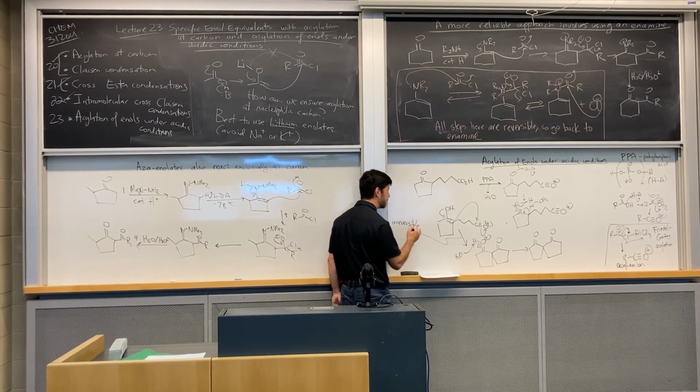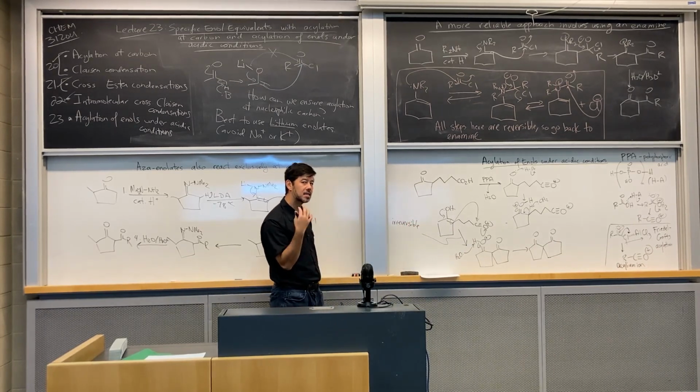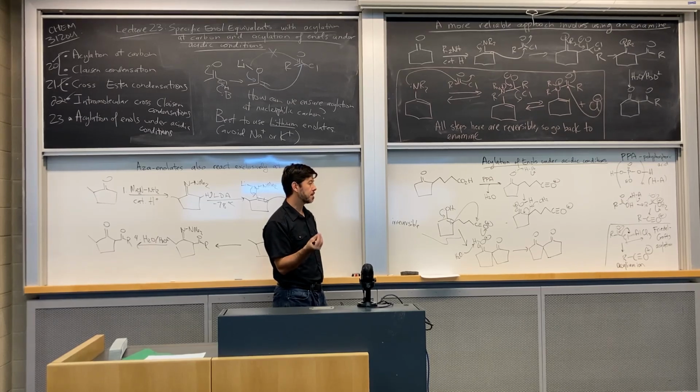Well, we can think of it as being irreversible because that acylium ion that we generate is just incredibly electrophilic, and it's really not going to go back. Okay, so it's craving that nucleophile.